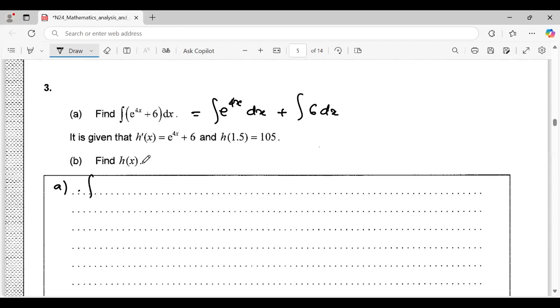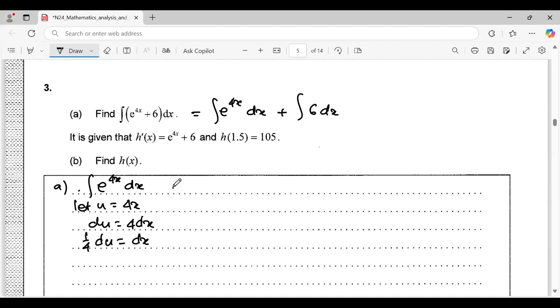The first, I would like to find the integral of e power 4x dx. Let u equal 4x. It means du equals 4 dx, or 1/4 du equals dx.